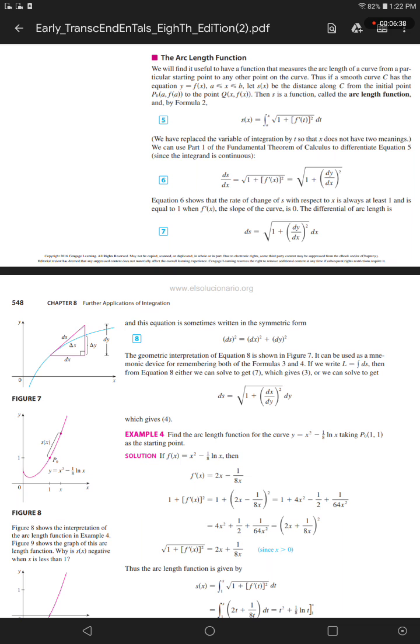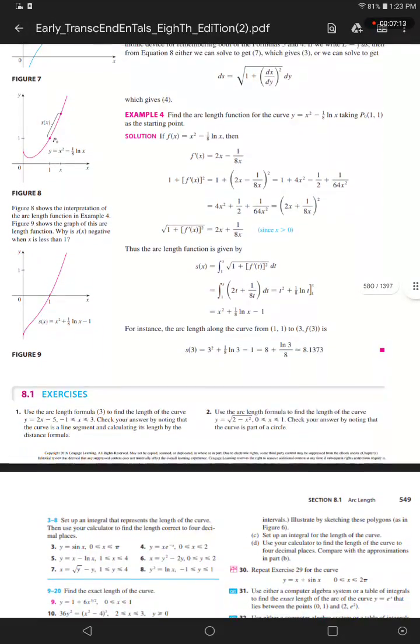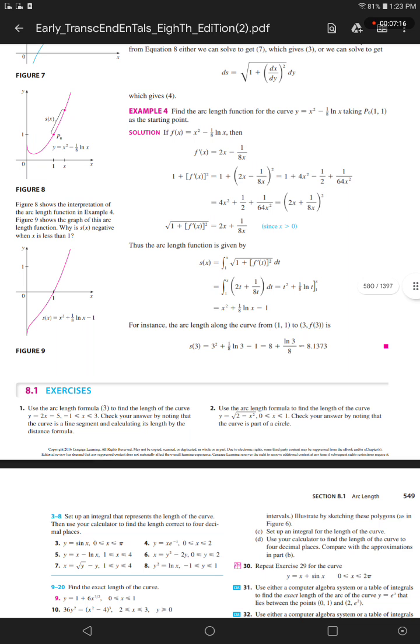If we write L = the integral of ds, then from equation 8, either we can solve to get equation 7, which gives equation 3, or we can solve to get ds = the square root of 1 + (dx/dy)² dy, which gives equation 4. Sidebar, see figure 7. Back to the text.